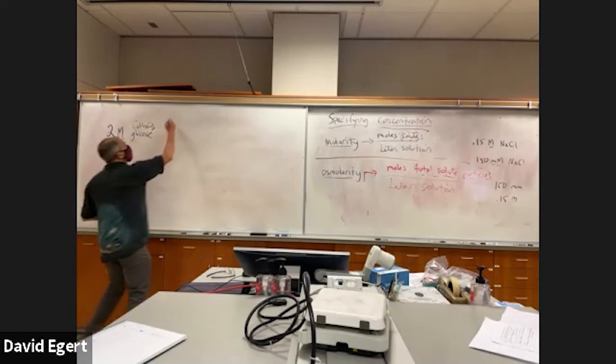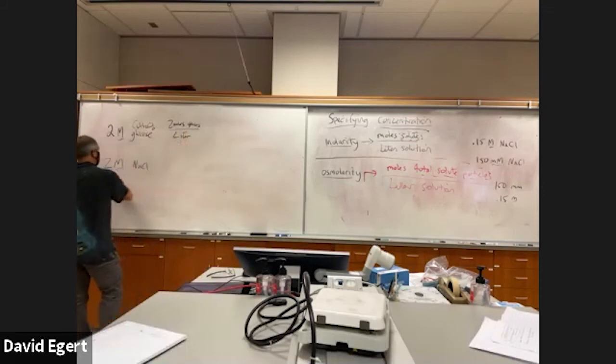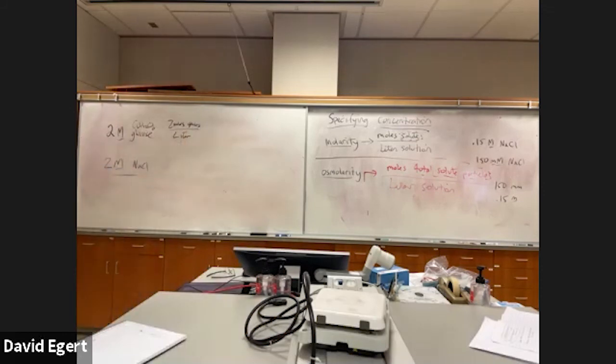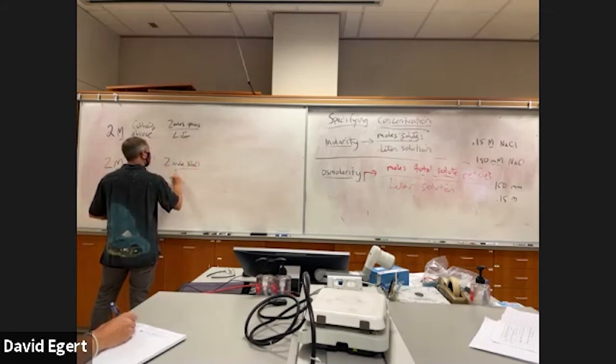This means we have 2 moles of glucose per liter of solution. 2 molar NaCl is 2 moles of NaCl per liter of solution.